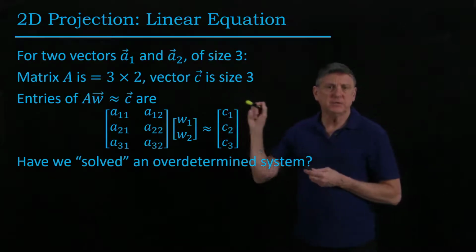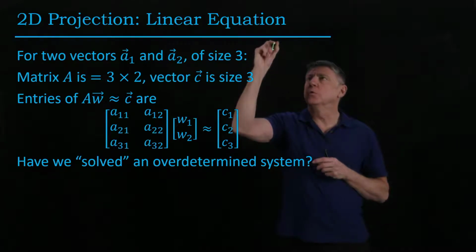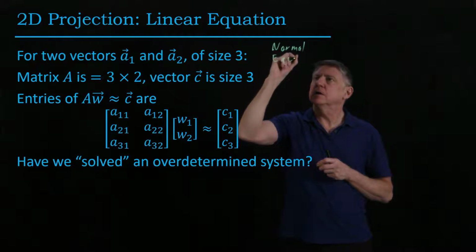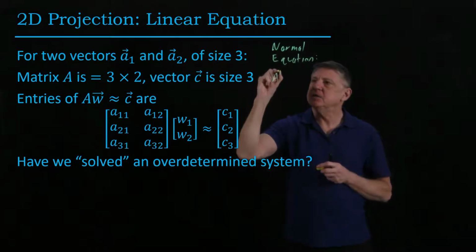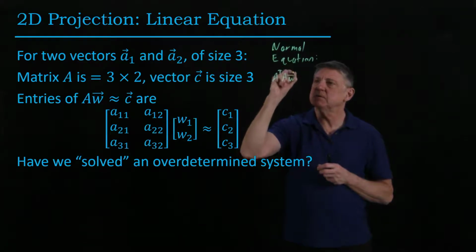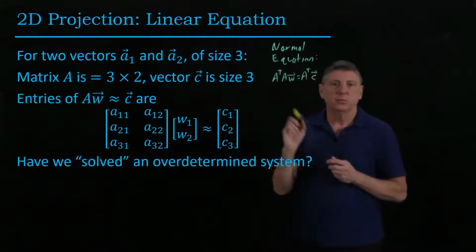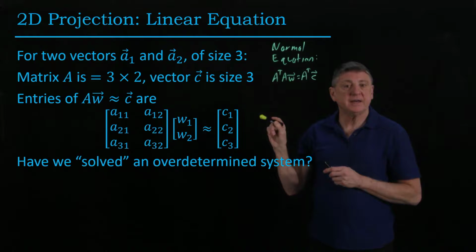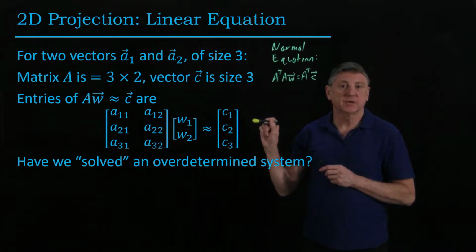Well, let's recall the normal equation: A transpose A times W equals A transpose C. We derived this for the purposes of projection, but that is exactly applicable to an overdetermined linear equation.